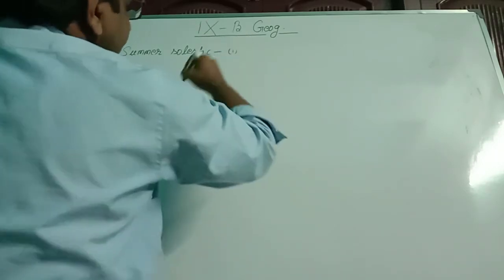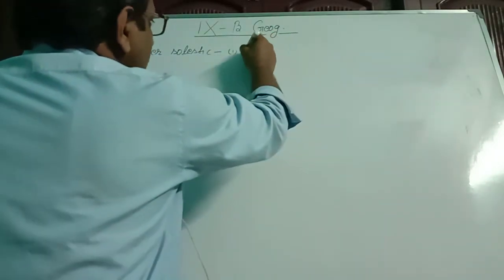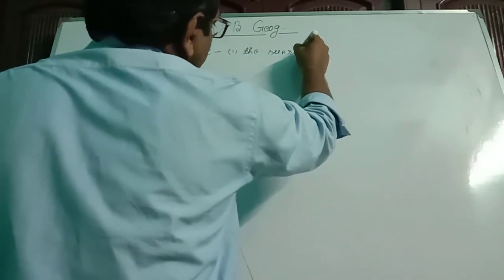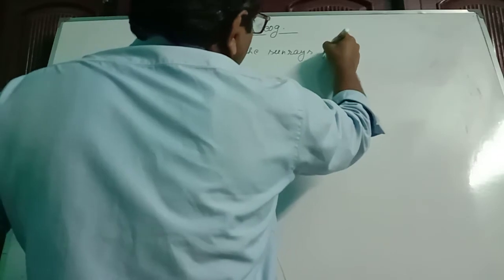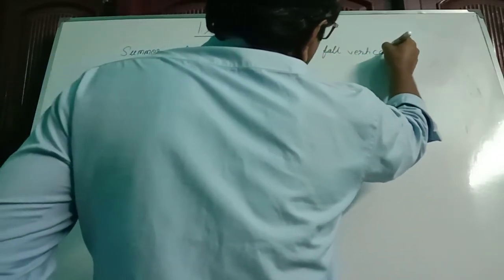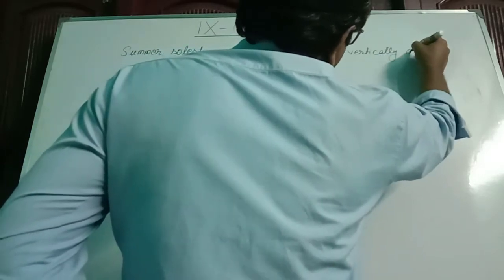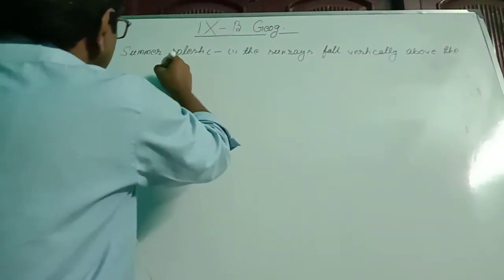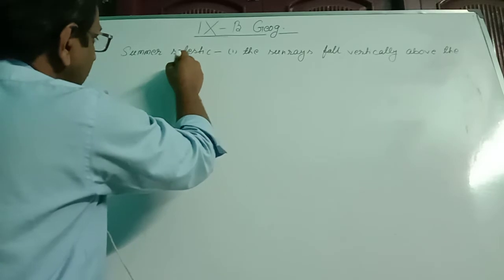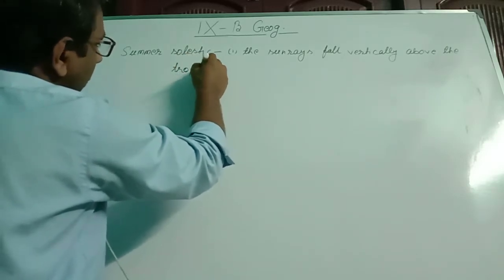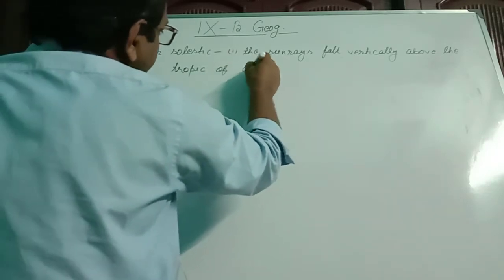Point number 1, the sun rays fall vertically above the Tropic of Cancer.